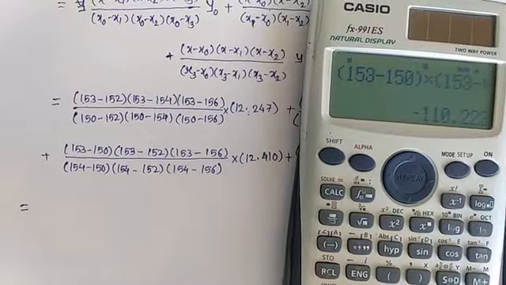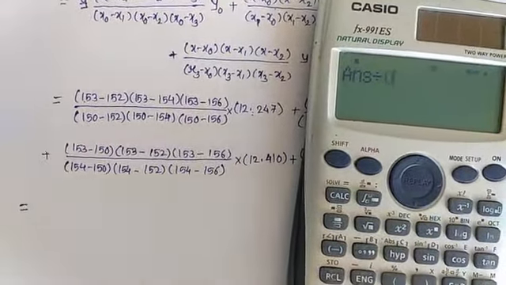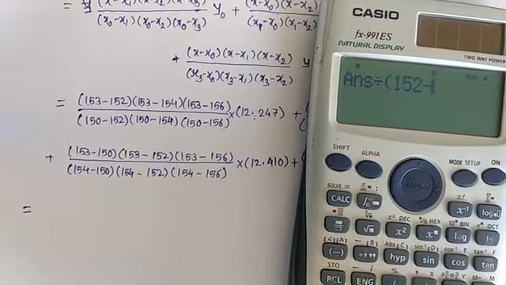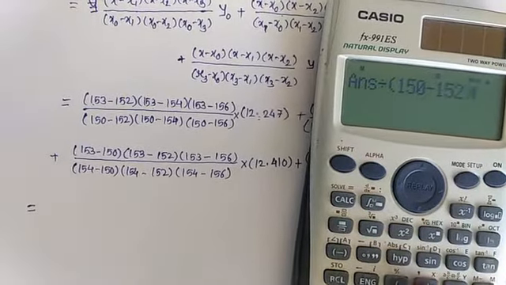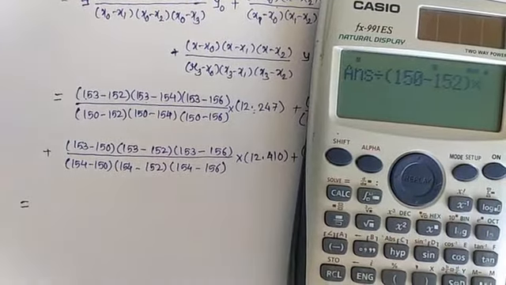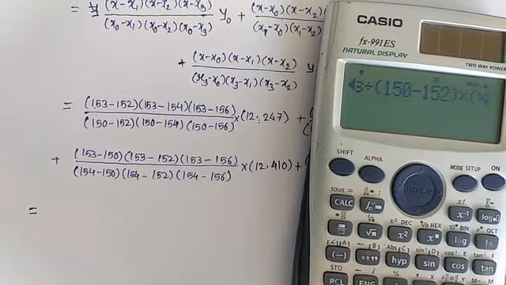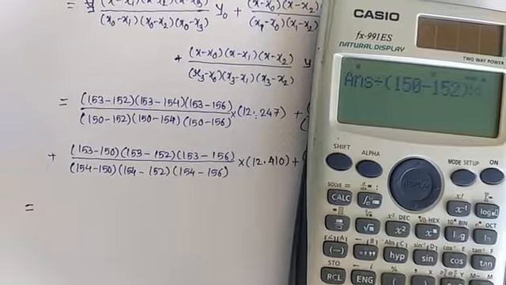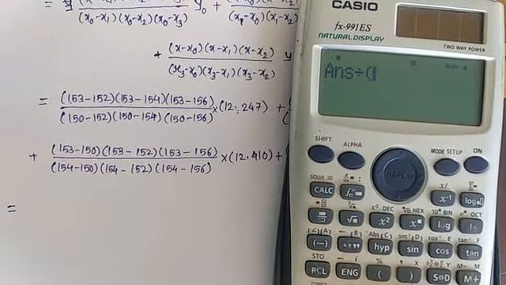This whole multiplication is equal to, and the numerator is divided by 150 minus 152, multiplied by... or we will make another bracket also.